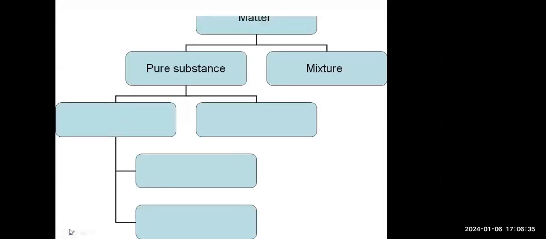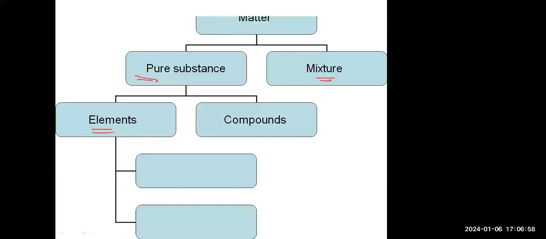A pure substance is the one which is made up of identical atoms or identical particles. But mixture is made up of more than one type of particle. So in pure substance, we have two categories, elements and compounds. This also you have studied in class 9.